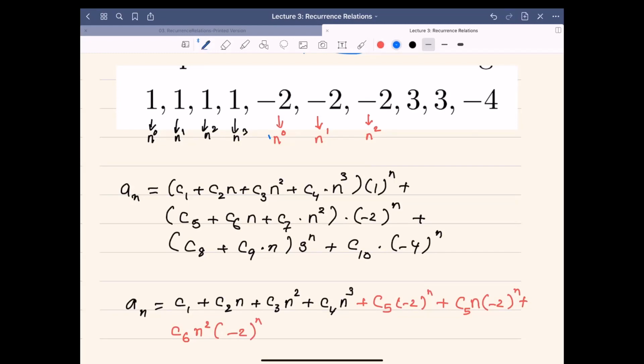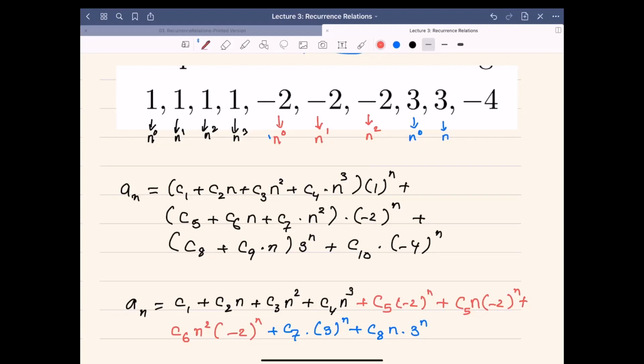And next, this one also will be n raised to power 0, which is equal to 1, and this is n. So the answer will be plus c8 multiplied by 3 raised to power n plus c9n multiplied by 3 raised to power n.